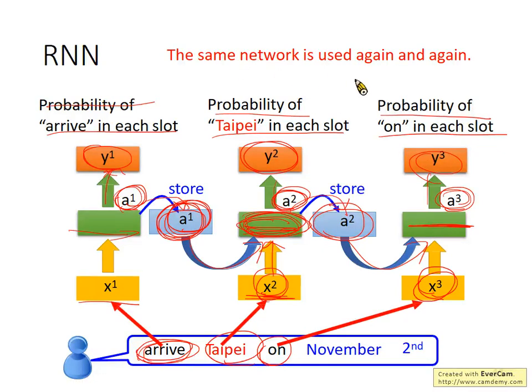And the same network can be used again and again along with the sentence. Okay, so this is the idea of how we consider information from memory, and how we can make a deep learning framework have a memory characteristic.